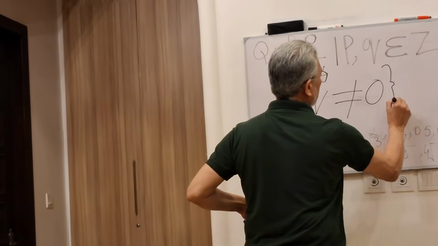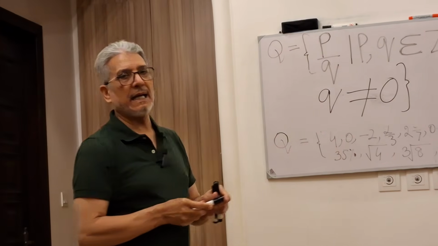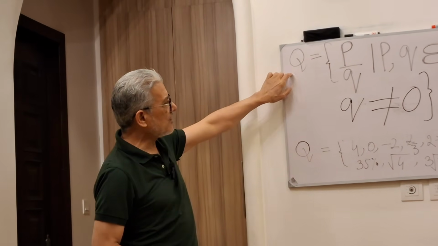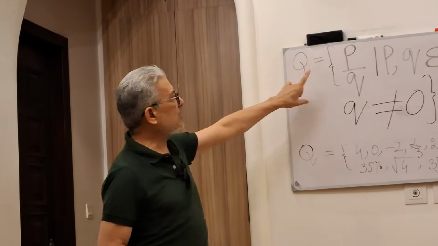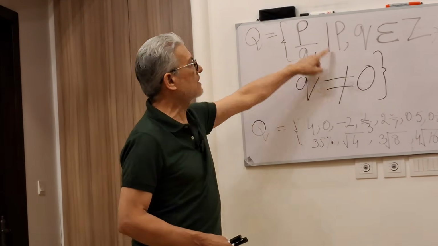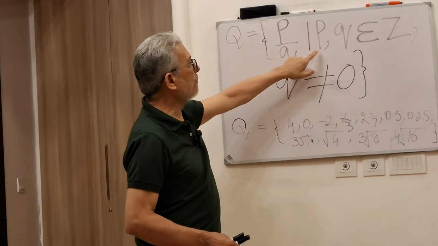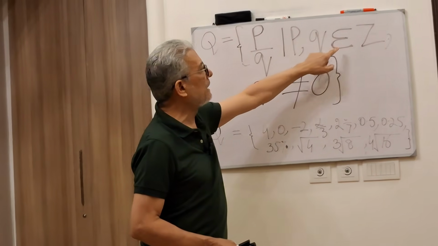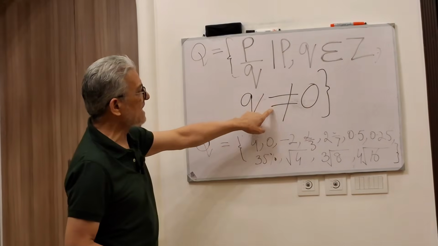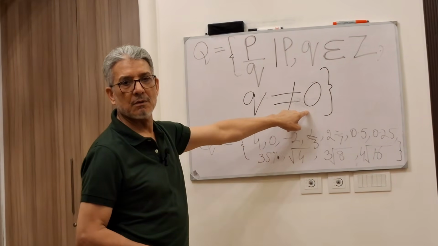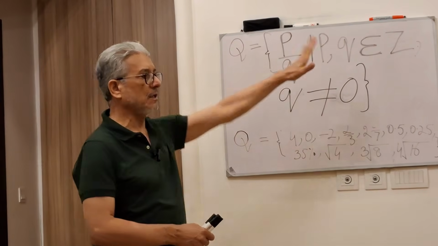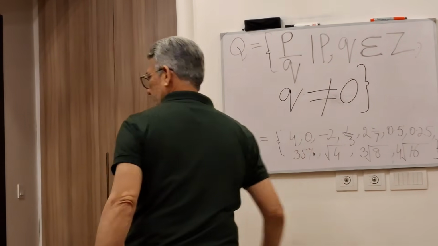So this is how we explain rational numbers. A rational number is a number which can be written in the form of P over Q, where this line shows where P and Q belong to integers and Q is not equal to 0. So this is the definition in the form of this set equation.